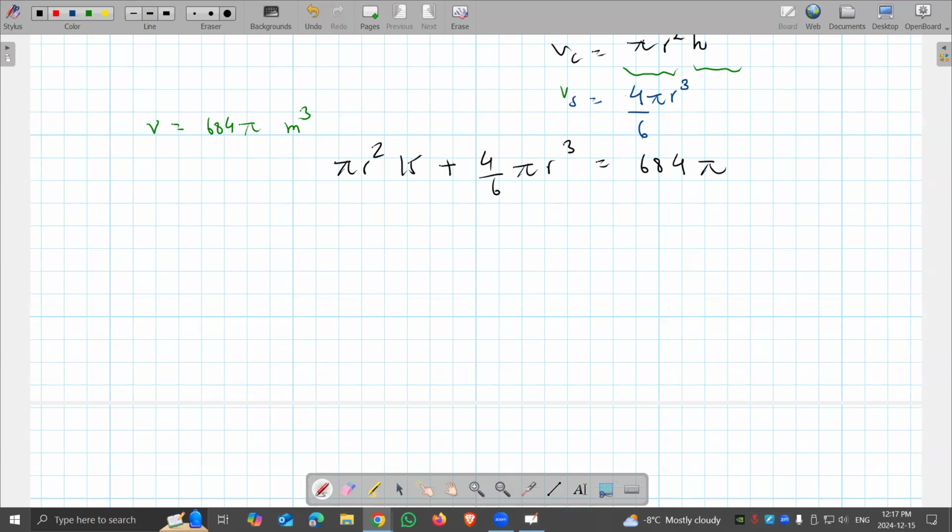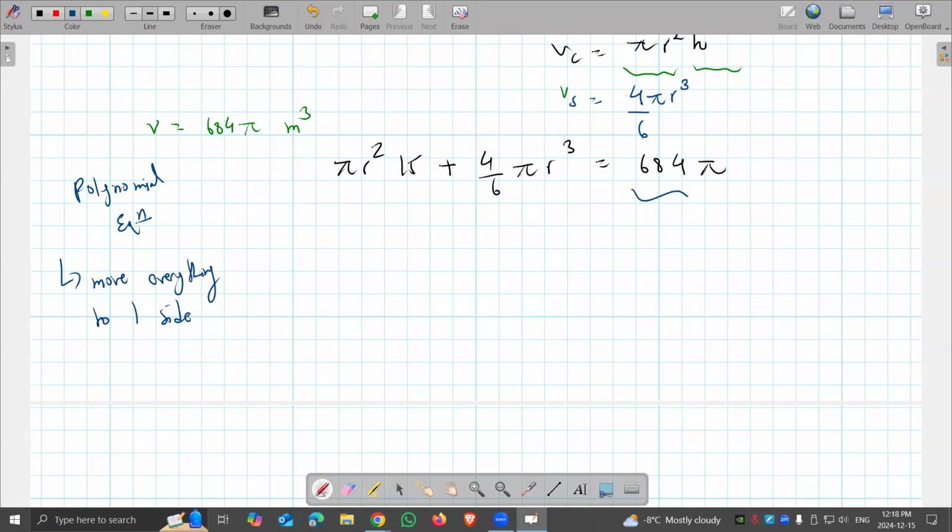You can subtract 4 over 6 times pi r cubed. You could subtract them. What I think we should do is probably, and again, this is something that you'll get used to: whenever you're solving a polynomial equation, you want to move everything to one side and then see from there.